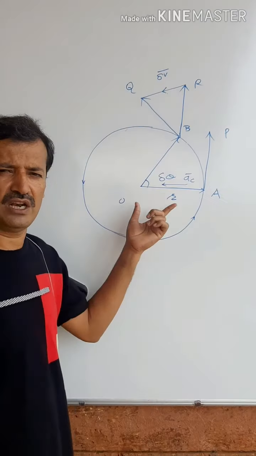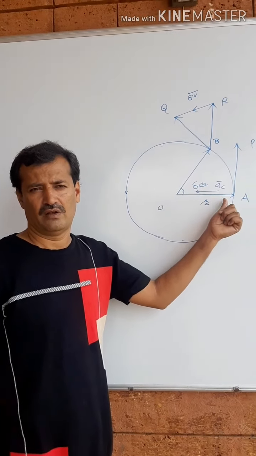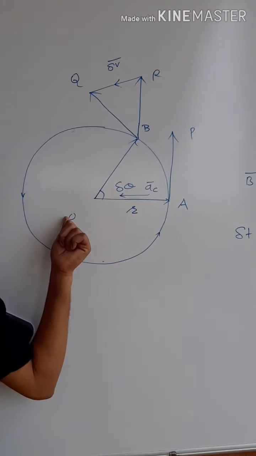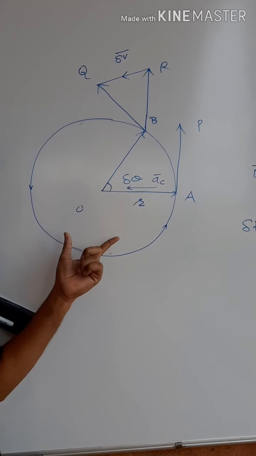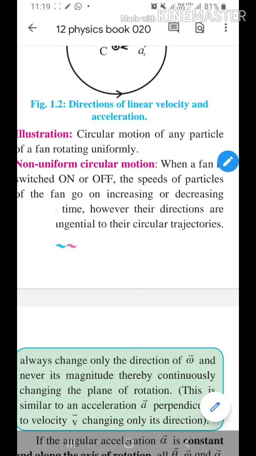And as it is along the radius, it is called radial acceleration, and due to being directed towards the center, it is also called centripetal acceleration. For this point, as an illustration of the circular motion of any particle of a fan rotating uniformly, let us see this video.